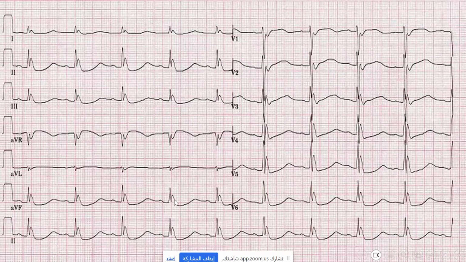It comes in the exam always: what is this wave? Hypothermia is indicated. This is hypothermia.